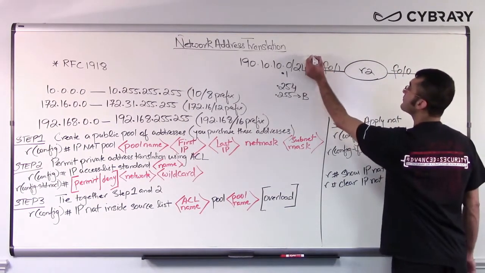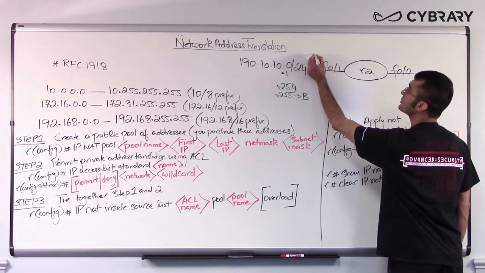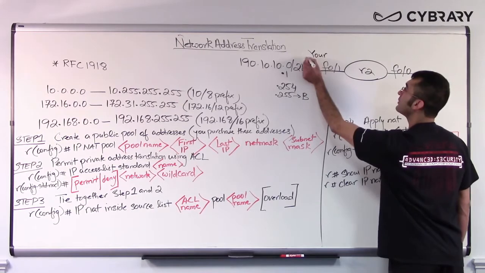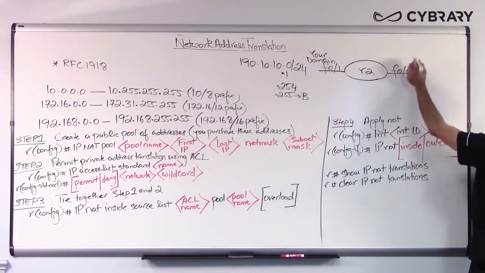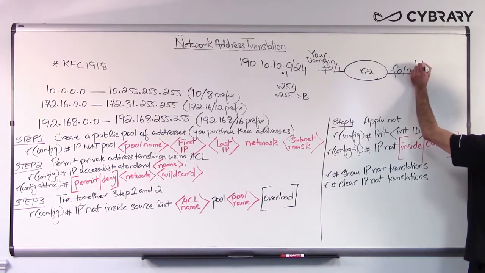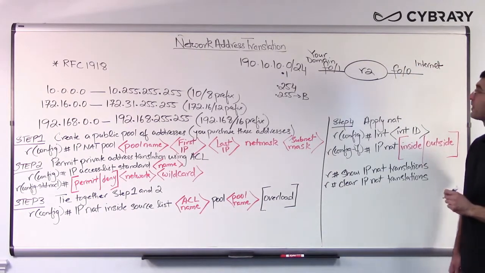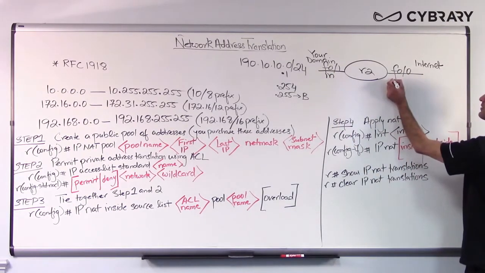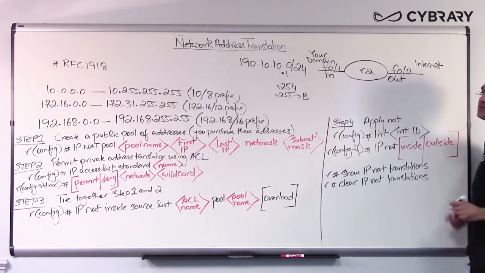And let's say this end faces your domain. So this is your domain. And let's say F0/0 faces the internet or your service provider router. So this would be your inside interface, and this guy, F0/0, would be your outside interface.